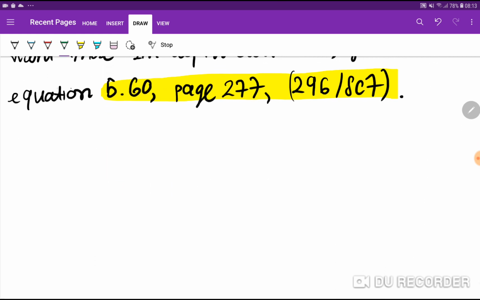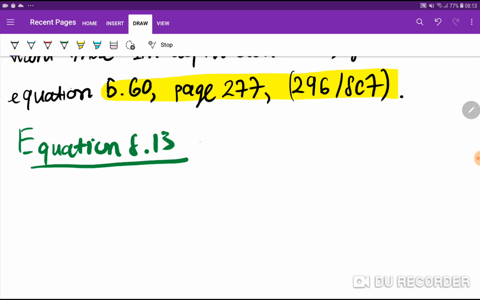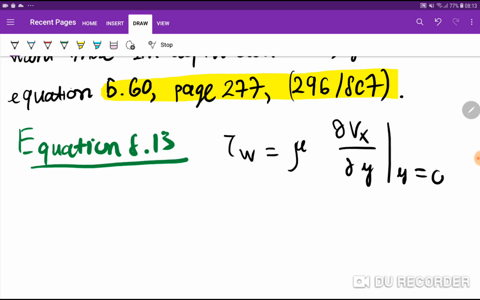So let me write Equation 8.13. You say τw equals μ, which is viscosity, times the partial of Vx over y at y equals 0. Okay, so that is our τw.